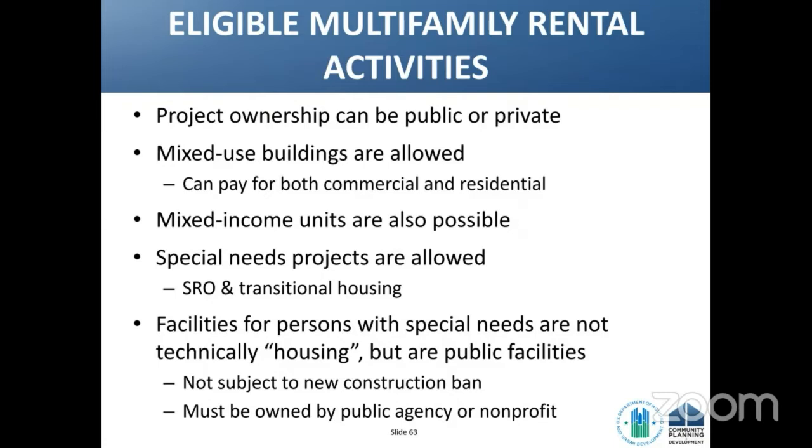If it's a public facility, my colleague Chelsea will talk about this later, it's eligible under 570.201(c) versus 202 for housing. And here it has to be owned by a local public agency or a nonprofit organization. Next slide, please.